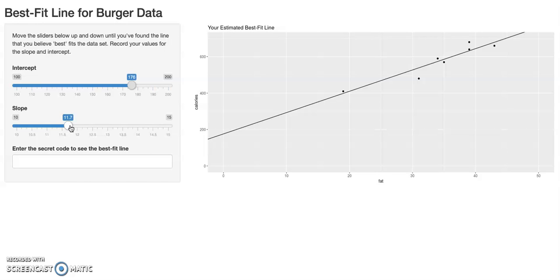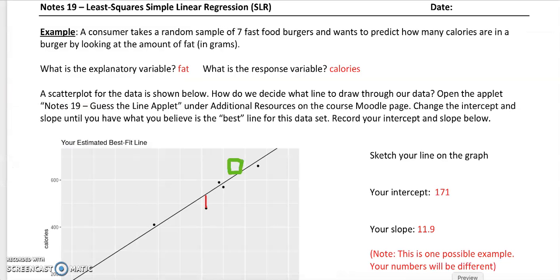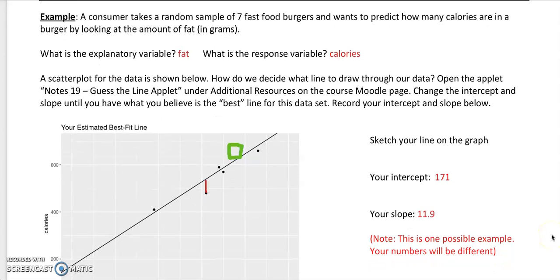Everybody who does this will probably stop the line in a slightly different place, right? Because we're just eyeballing it, but we're trying to say, what would be a really good line to describe this relationship? For me, I said an intercept of 176 and a slope of 11.7. But even when I did this a different time, I got a slightly different intercept and a slightly different slope, because when we just eyeball things, we're not going to arrive at the same answer every time.